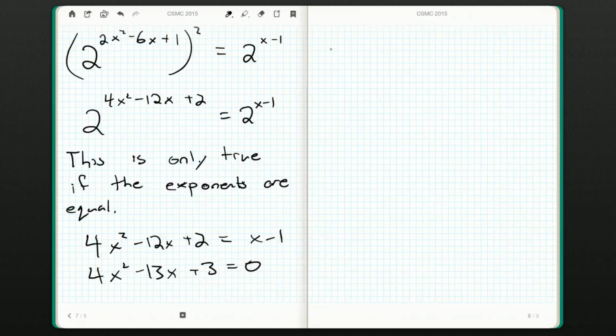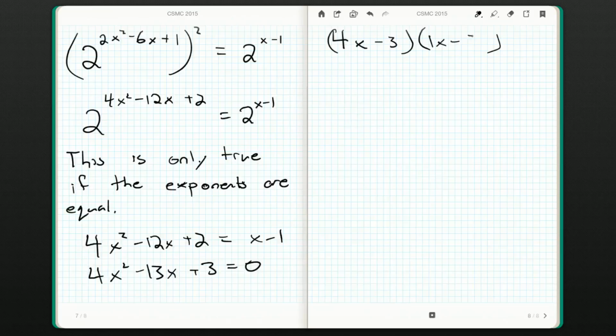Okay, so we can either break it up into a 4x and a 1x, and then we have to break up the 3 in some way here. It'll probably be with minus signs.